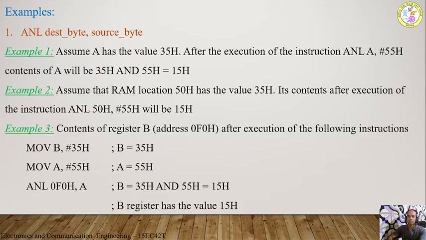Now, what is 35 in binary? 3 in binary is 0011, and 5 is 0101. Then we have 55, the second data byte that has to be ANDed with the content of the accumulator. That is again 0101, 0101.